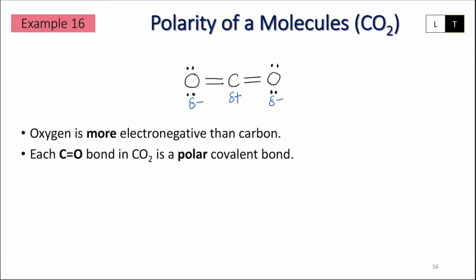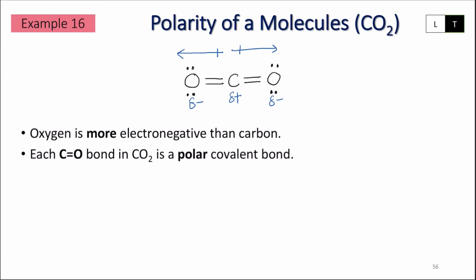Next, awak kena tambah satu benda iaitu tentang bond dipole awak. So kalau lihat bond dipole awak adalah equal in magnitude, di mana awak punya direction of dipole moment from carbon to oxygen untuk one side and another side carbon to oxygen another side.